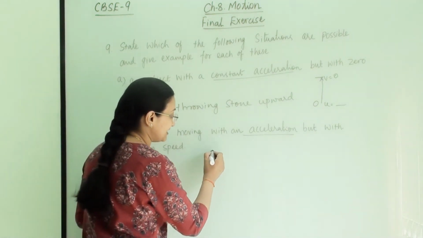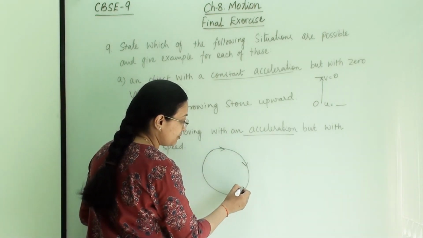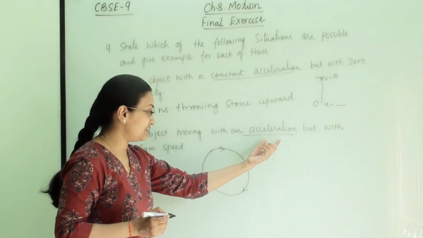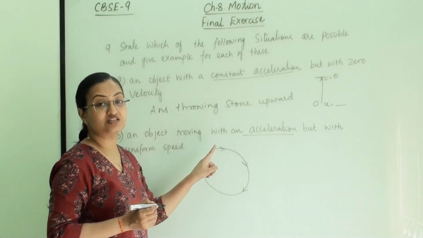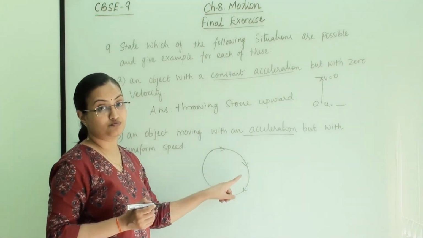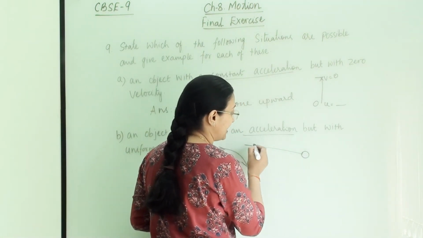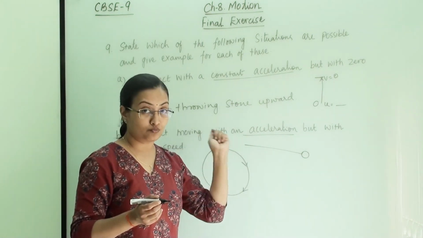So when any athlete is moving on a circular track, at each and every point his direction will change. So he has acceleration but his speed is uniform. Or we are tying a stone or a ball at the end of a rope and giving a circular motion to that.